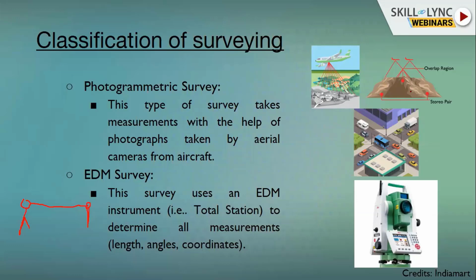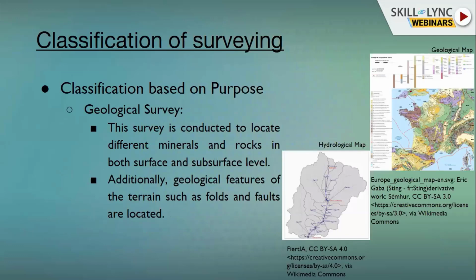Now, another classification based on surveying. Till now we have done it based on instruments. Depending upon the function, we're going to go through it now. First, geological survey.